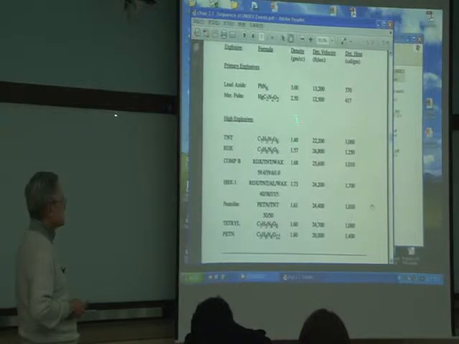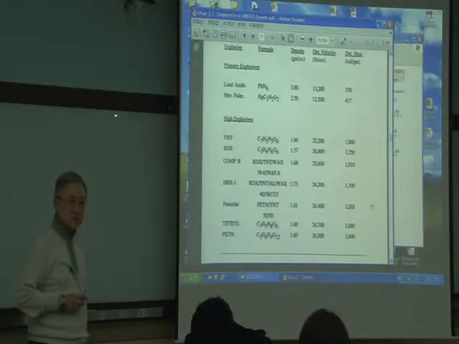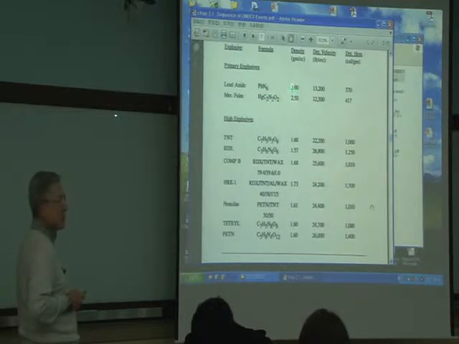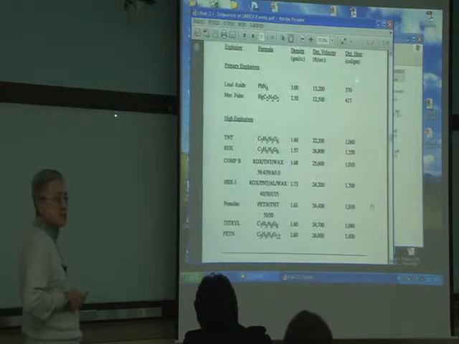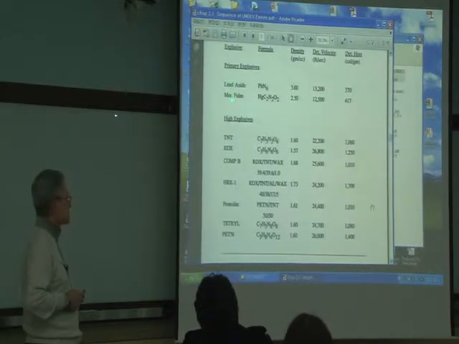But if you look at this, it is about half of the pure explosive. So that density is really compact, okay? And as you look at the detonation velocity, high explosive detonation velocity is twice as fast as a pure explosive.